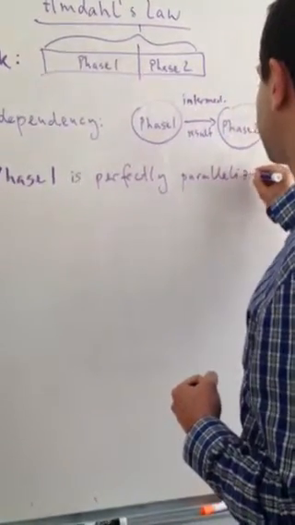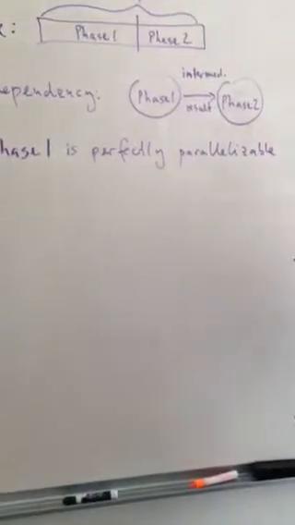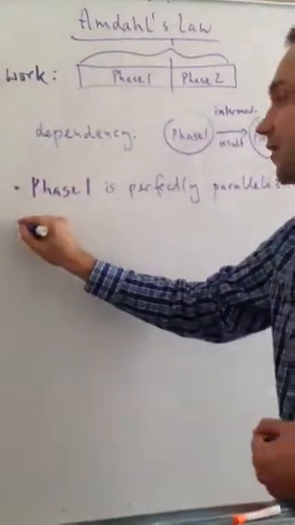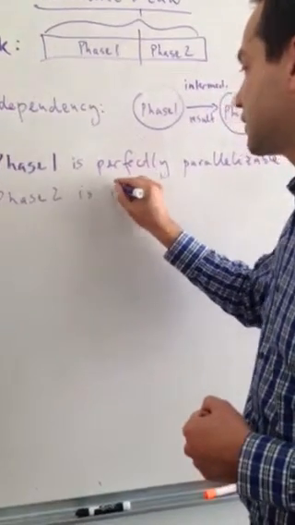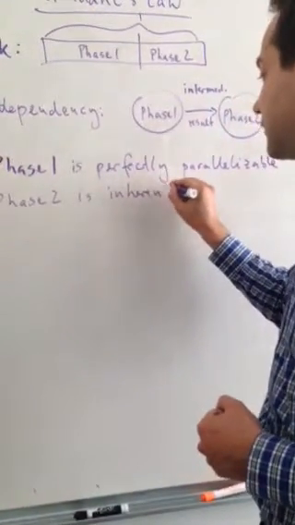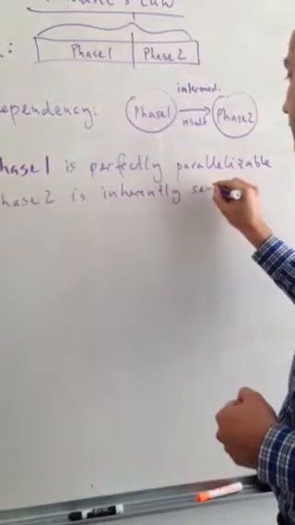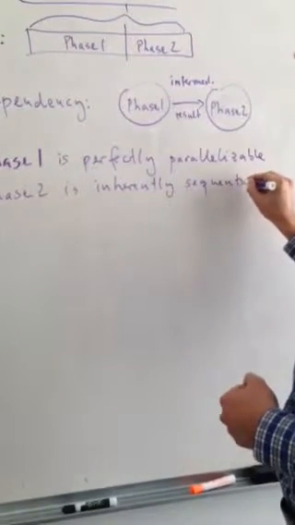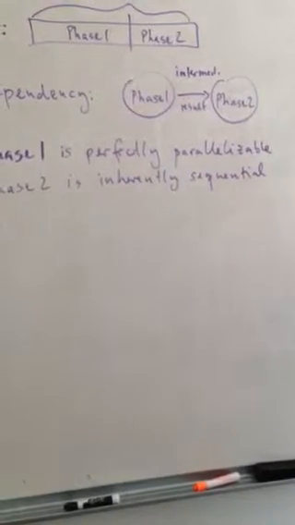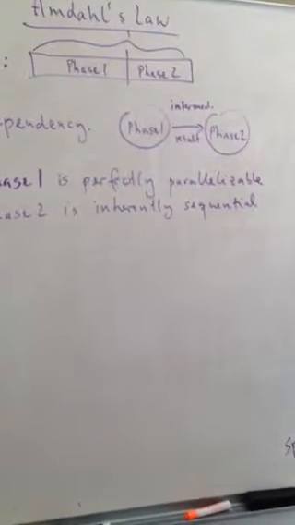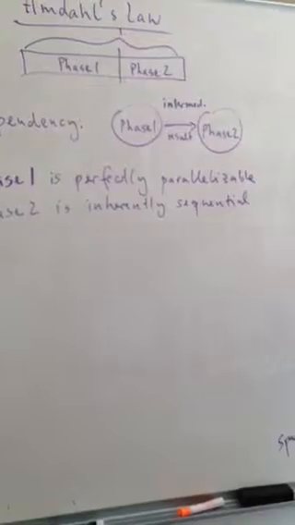Is that a word? I don't know, I'm just using it. And phase 2 is inherently sequential. So it cannot be run on multiple machines. So it's something that just has to be on one processor.